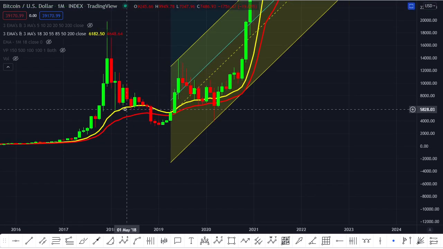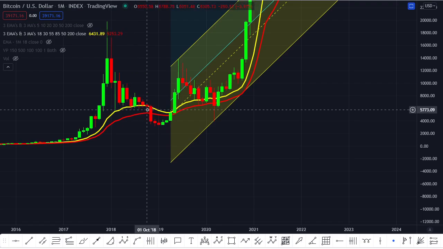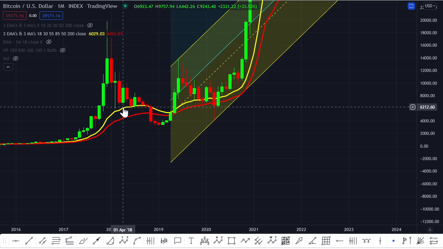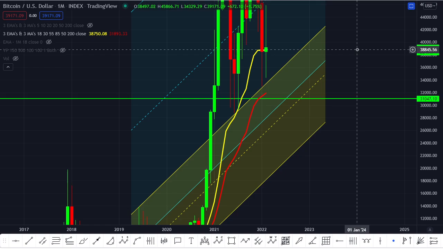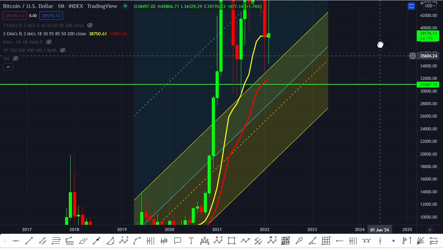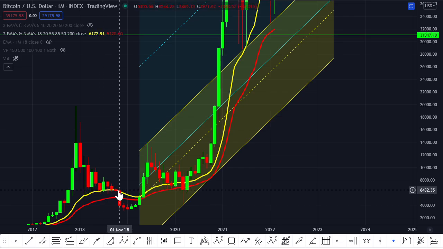As you can see here, we stayed 1, 2, 3, 4, 5 months closing above this 18 EMA on the monthly time frame. The 18 EMA currently is sitting around 38,680. So we stayed a couple of months just ranging above and closing above this monthly EMA till finally we broke through it.